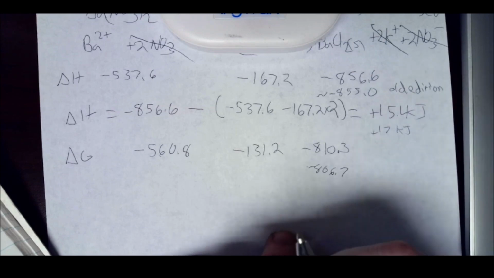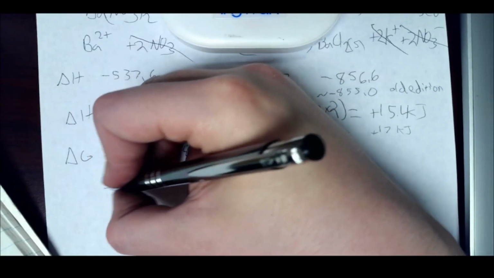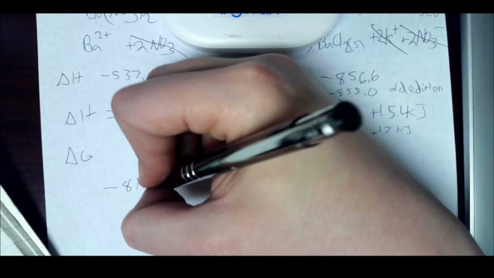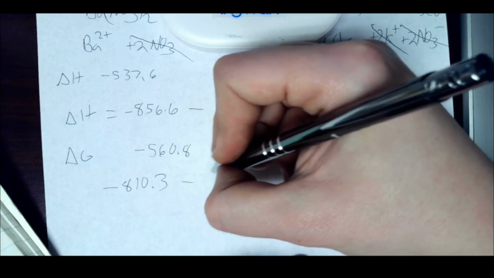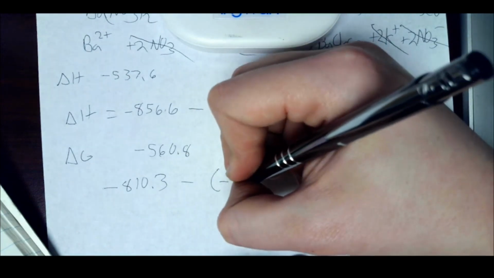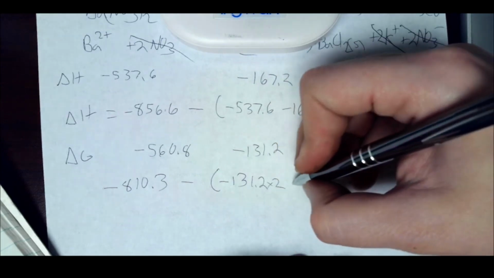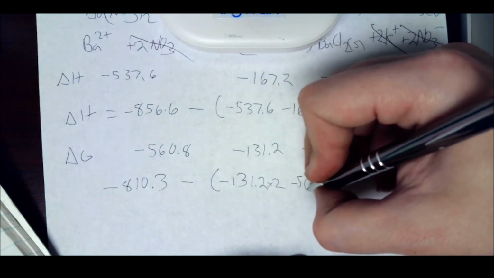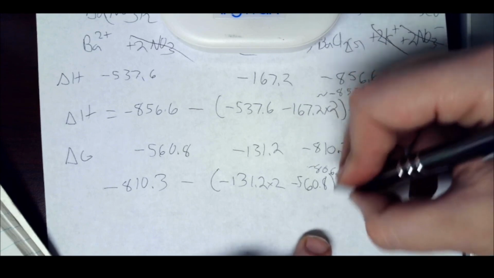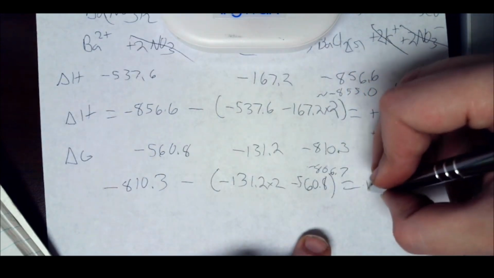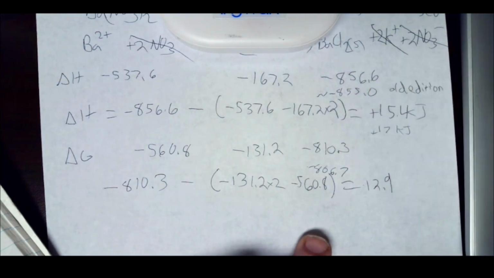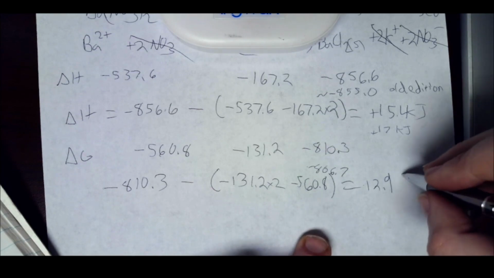Don't ask me why. But so delta G is just then calculated negative 810.3 minus the reactants, negative 131.2 times 2 and the negative 560.8, and that would give your delta G as positive 12.9 kilojoules.